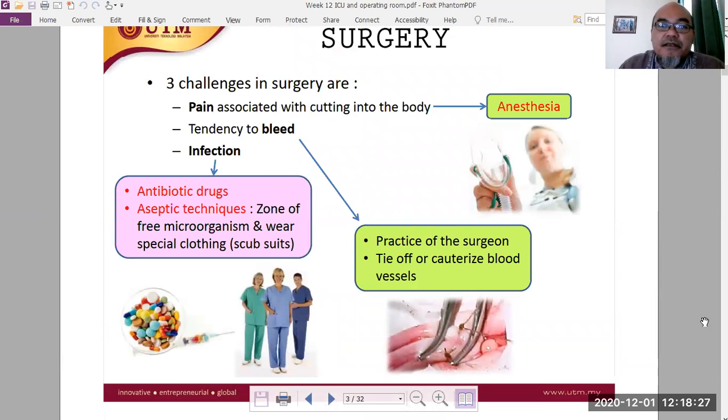Okay, so in surgery, there are three challenges. First is the pain associated with cutting into the body. Surgery relates to any medical action that involves cutting or opening parts of the body. Previously, it was mostly done as open surgery, where the surgeon cuts and makes an open body cavity.